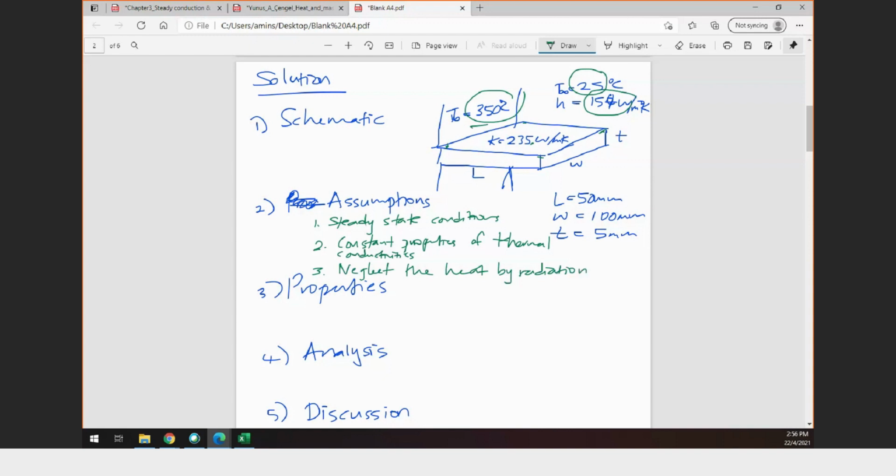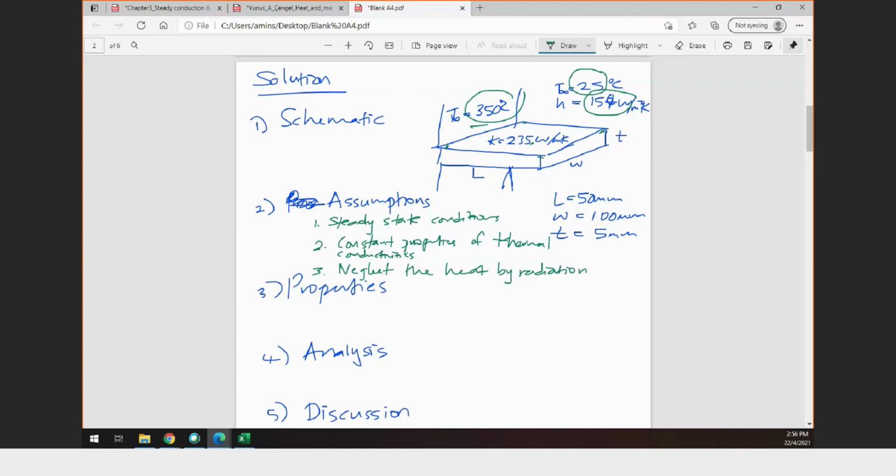Okay, what else? I think there is another assumption. If you look in the textbook, another assumption that can be used is one-dimensional analysis. We do not really cover two-dimensional or three-dimensional. And then you can see that the heat transfer coefficient is a constant.